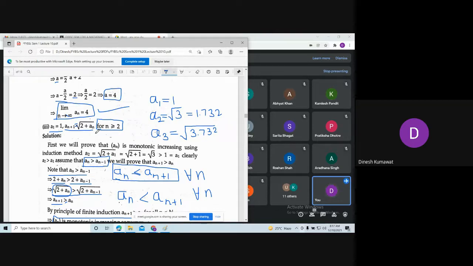But so far we have no idea about its boundedness, that is, whether it has an upper bound or not. It is clear that it has a lower bound, but we don't know about its upper bound. So at the first place, what do you guess? Can it be convergent?